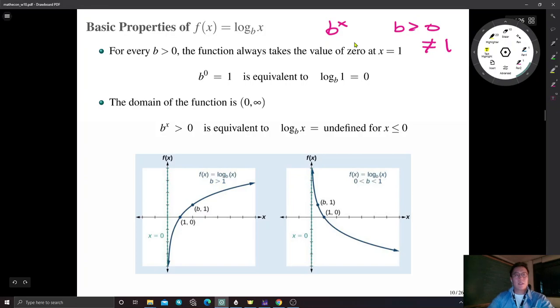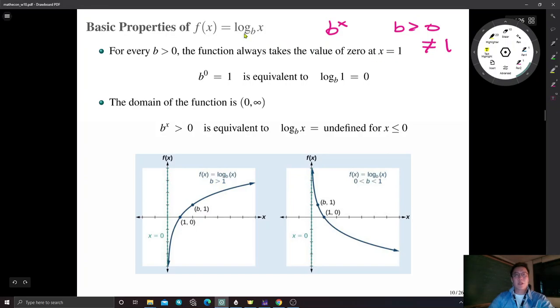So the base of a logarithm should be a positive number, and logarithm is defined only for a positive base. When b is larger than 0, the function always takes the value of 0 at 1.